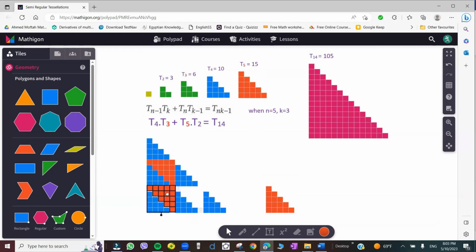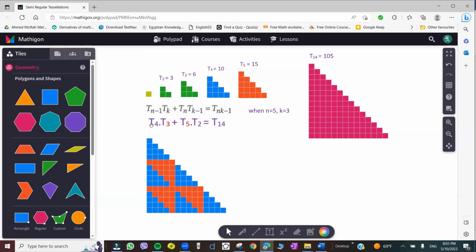That's the summation of the first term, the blue units, and the second term, the orange units. After adding them in the same figure, that is the left-hand side: the number of units, blue plus orange.